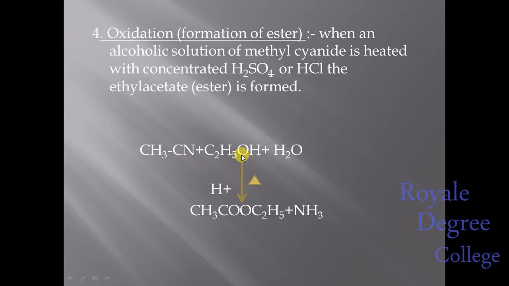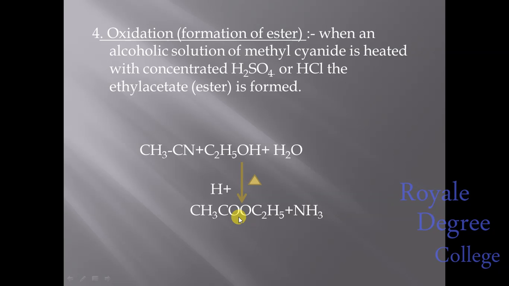Then in the next step, OC2H5 from ethyl alcohol is going to attach to that carbon. That is CH3COOC2H5. C2H5 is ethyl, CH3COO is acetate. We are getting ethyl acetate, which is nothing but an ester.